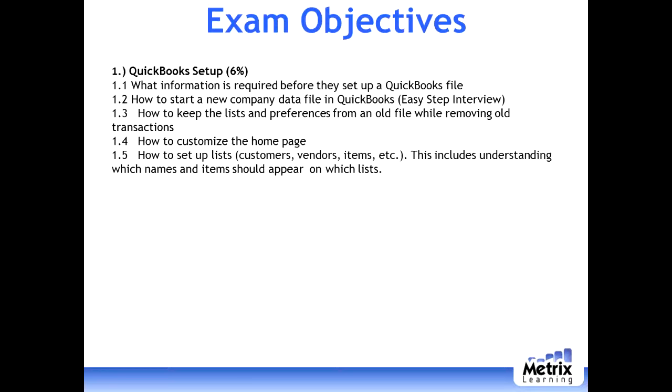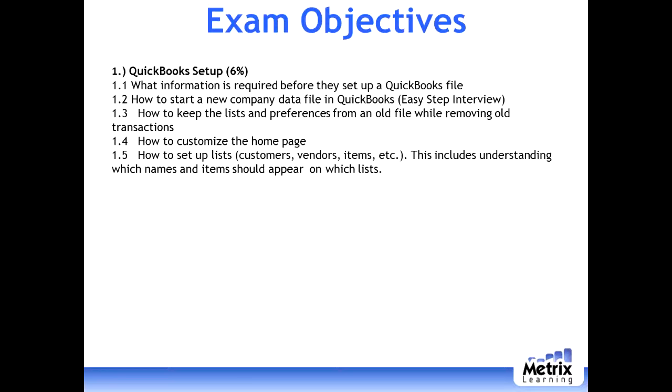Now, when going over these objectives, you'll see the wording "how to." This certification exam is analytical and multiple choice, so you don't actually see the QuickBooks application. Therefore, when it says "how to," it's asking you how to navigate throughout the QuickBooks program without actually looking at it.